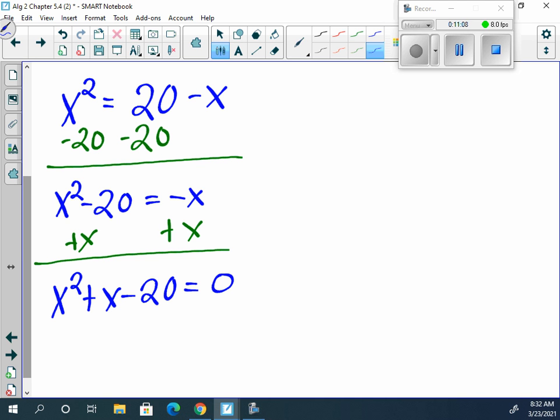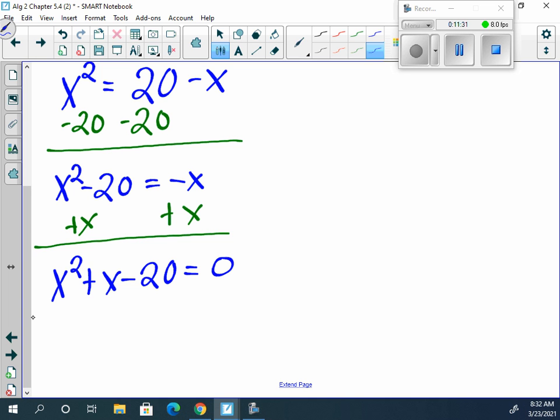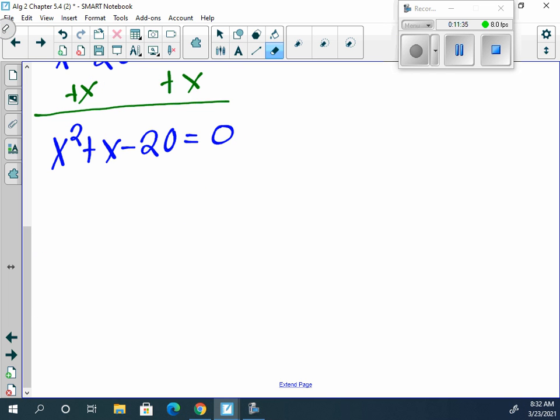So again, just like the one before, at this point we can either use the quadratic formula or we can factor it. What do we want to do? Okay. Let's use the quadratic formula for this. Now the quadratic formula again is x is equal to negative b.